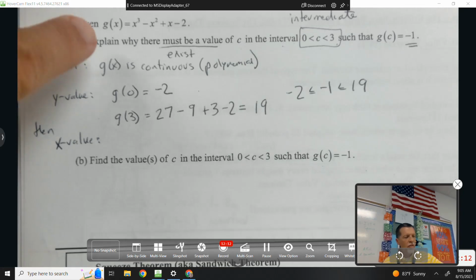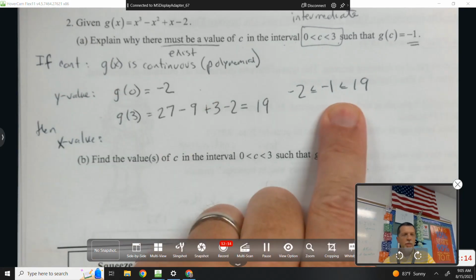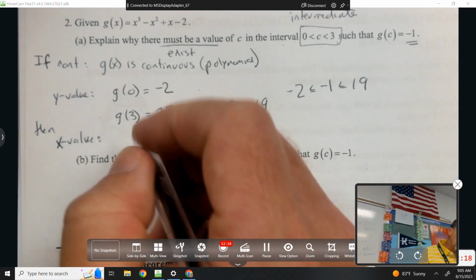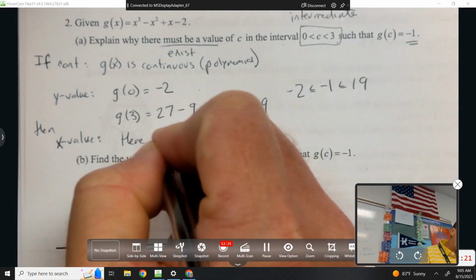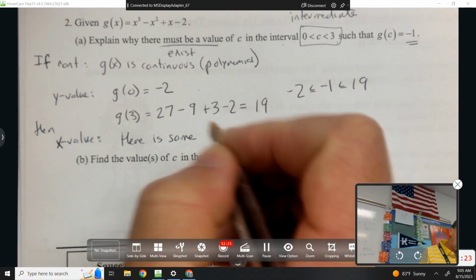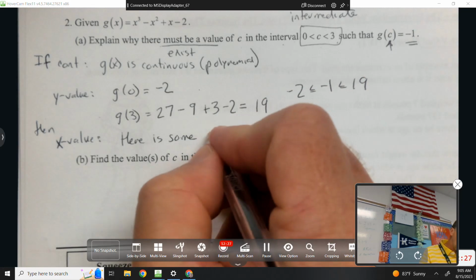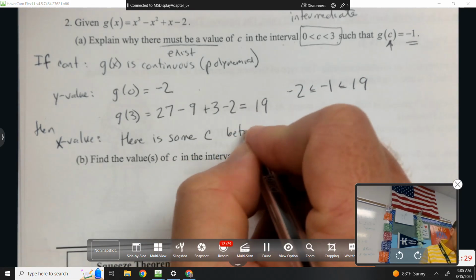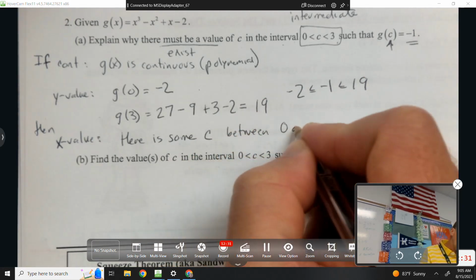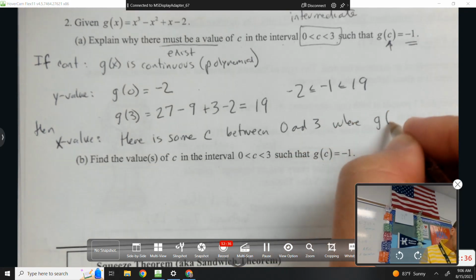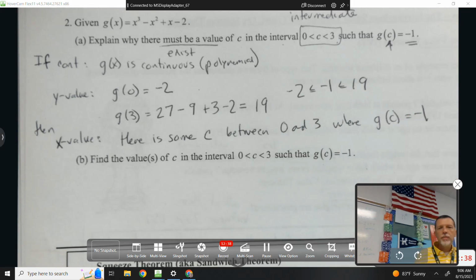Which means, so it's continuous, the y value is in the middle, therefore the x value is in the middle. So my conclusion is there is some, I could say x, but it wanted me to use c, between 0 and 3, where g of c equals -1.